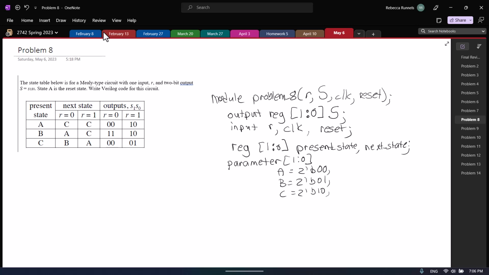And you do want to pay attention because he also mentioned 1 hot, which would mean that if this said 1 hot, then even though you could do this with 2 flip-flops, you would use 3, and A would be 3'b001, B would be 3'b010, and C would be 3'b100.